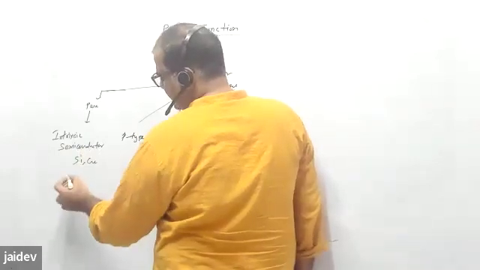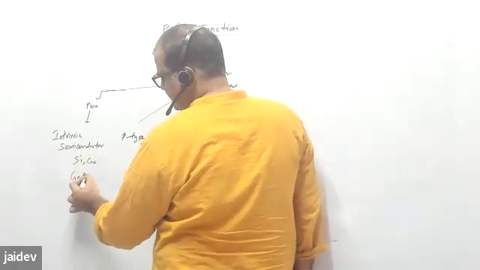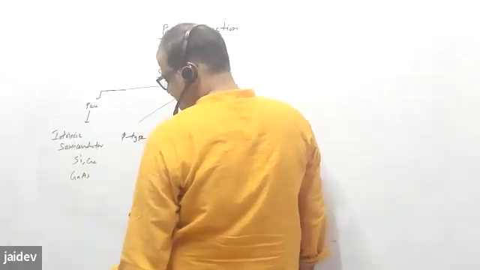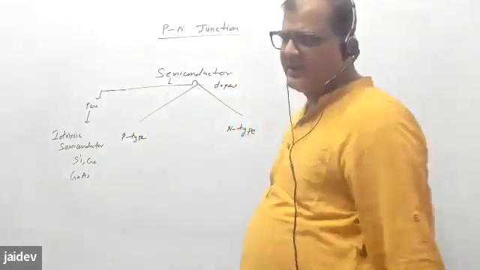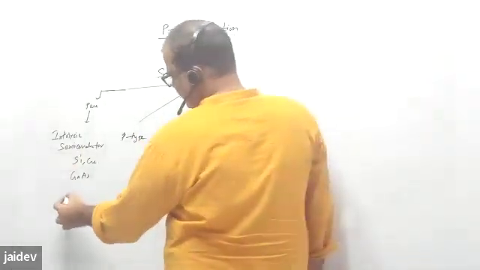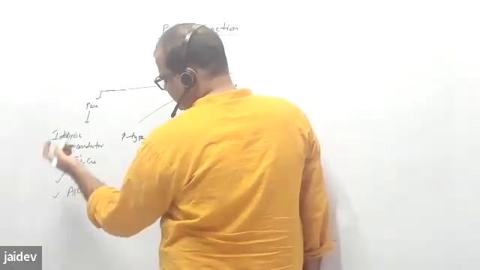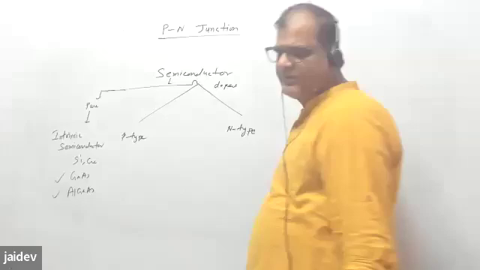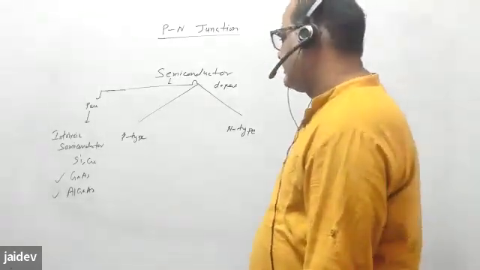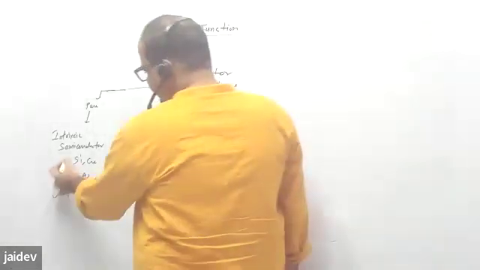There are compound semiconductors also, like gallium arsenide and aluminum gallium arsenide. These are compound semiconductors, two element compounds and three element compounds, while this is elementary.